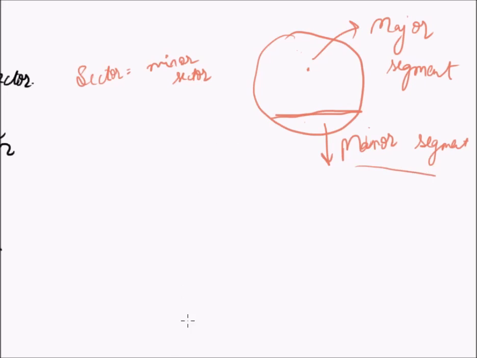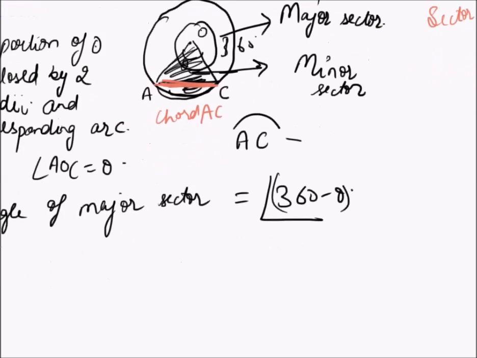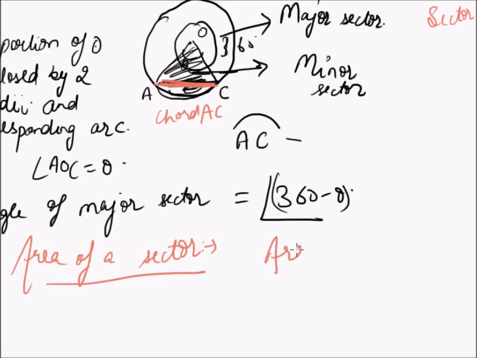Now what is the area of a sector? Friends, if we have a circle, the area of the circle is pi r square units. We already know this from the previous video.